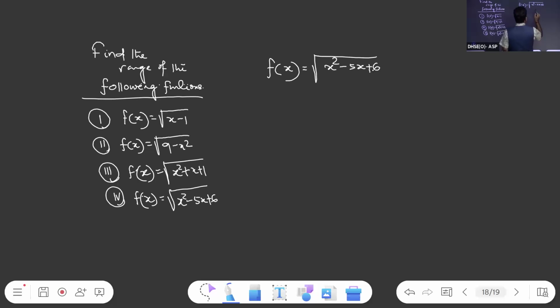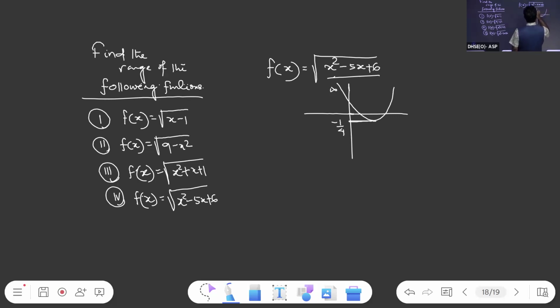f of x is equal to under root x square minus 5x plus 6. You see x square minus 5x plus 6 is an upward directed parabola, and its range is minus 1 by 4 to infinity. For minus 1 by 4 to 0, the function will be undefined.